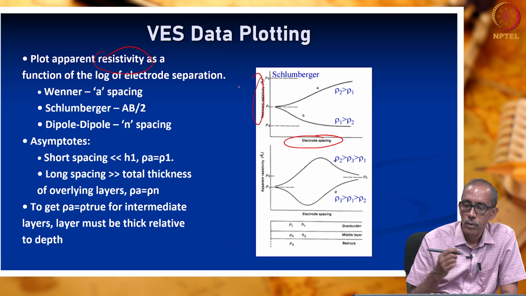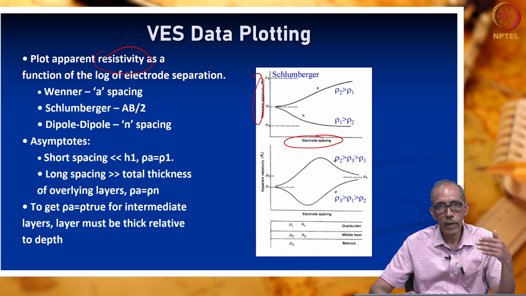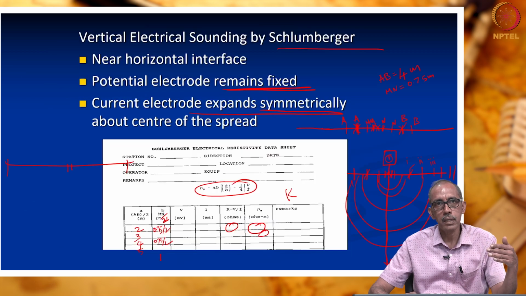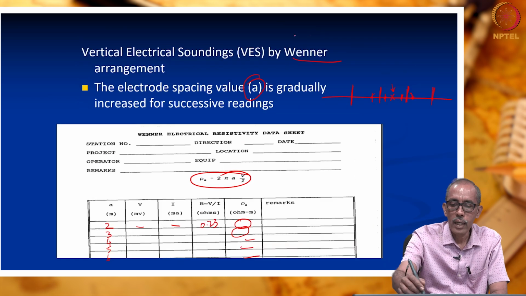So, we prepare a plot of electrode spacing and apparent resistivity. That is what we have obtained. We have seen it in the previous slide. For example, this is for the Schlumberger method, this is for the Wenner method.